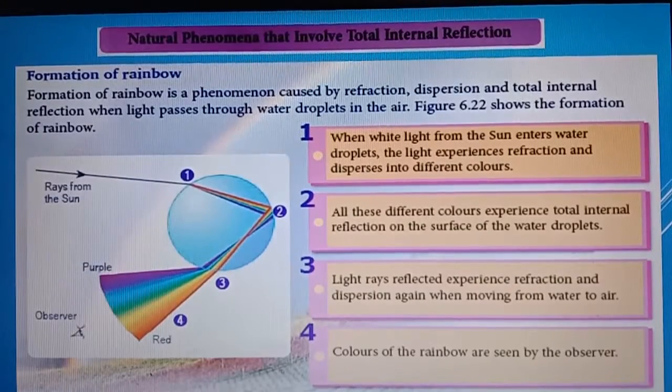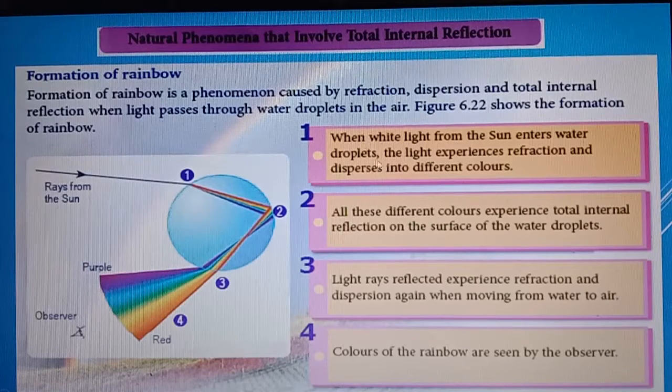So look at the natural phenomena that occur around us, for example, the formation of a rainbow. The formation of a rainbow is a phenomenon caused by refraction, dispersion, and total internal reflection when light passes through water droplets in the air. You can see how the light ray from the sun, which is white light, reaches here.